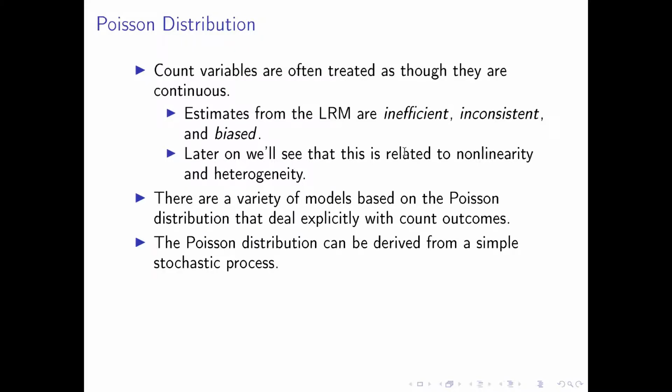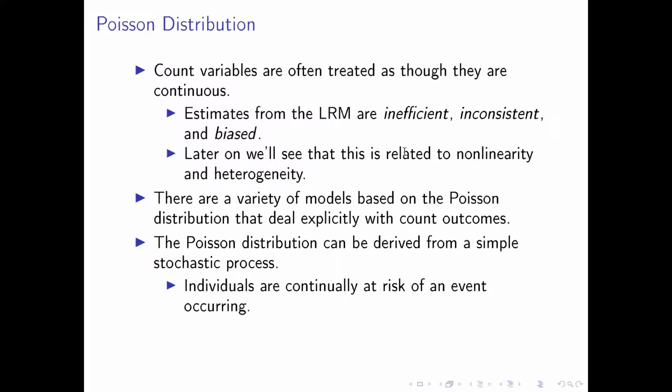The Poisson distribution can be derived from a simple stochastic process. There are a couple of assumptions. First of all, individuals are continually at risk of an event occurring. Sometimes this risk, quote unquote risk, is good, like number of publications.